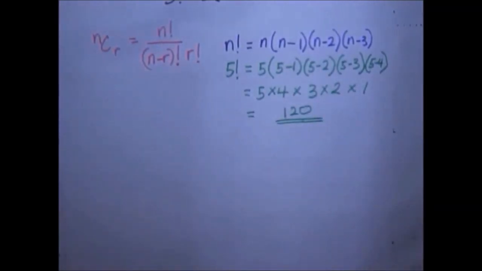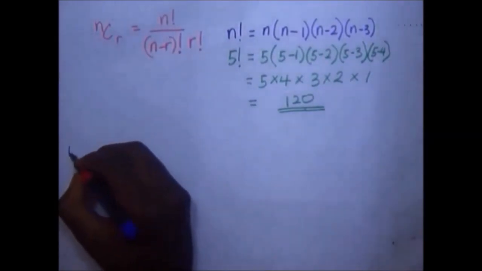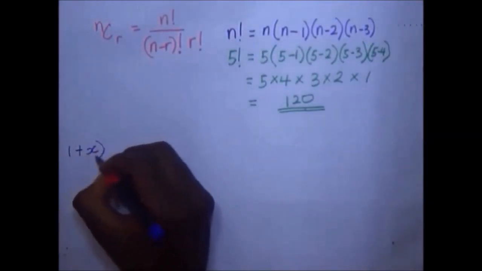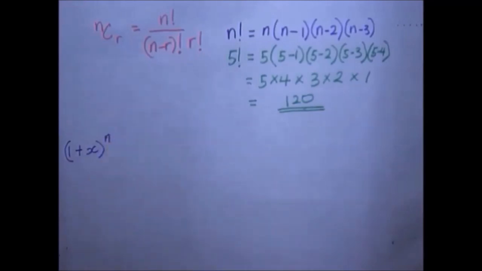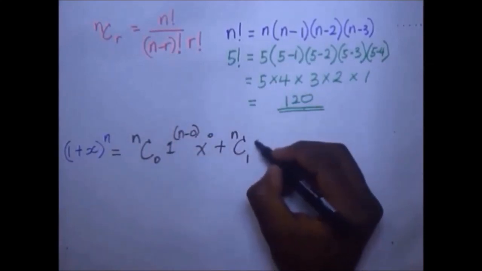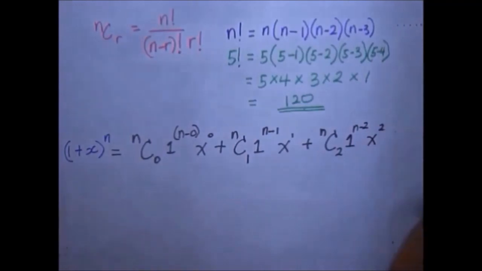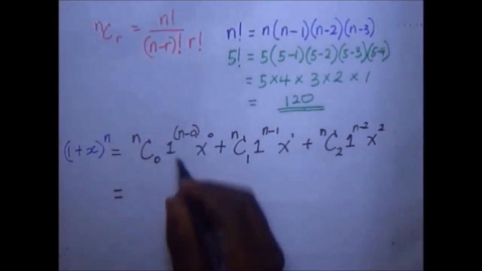To continue with what we were doing before, I said that we wanted to find what is 1 plus x to the power n. N combination 0.